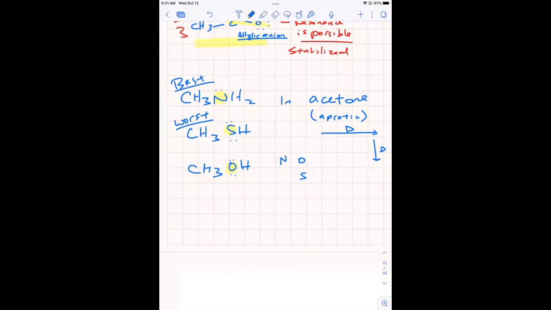So if it's a really highly stabilized conjugate base, then it's going to be less reactive, because everything comes back to how stable the charge is on the particular atom. So it's the same idea from part one when we studied pKa. We could look at the conjugate acid, look at the pKa. If it has a low pKa, then that means that the conjugate base is very stable and is not as nucleophilic.